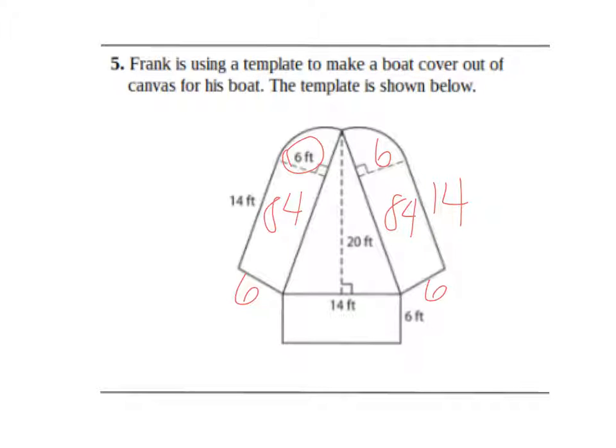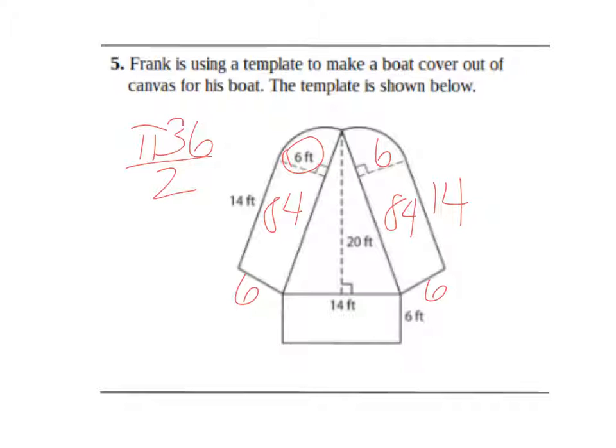Now, up here, where we have 2 halves of a circle with the radius of 6, I know that's going to be pi times 6 squared, which is 36, and we have to divide that in 2 since it's a half circle.